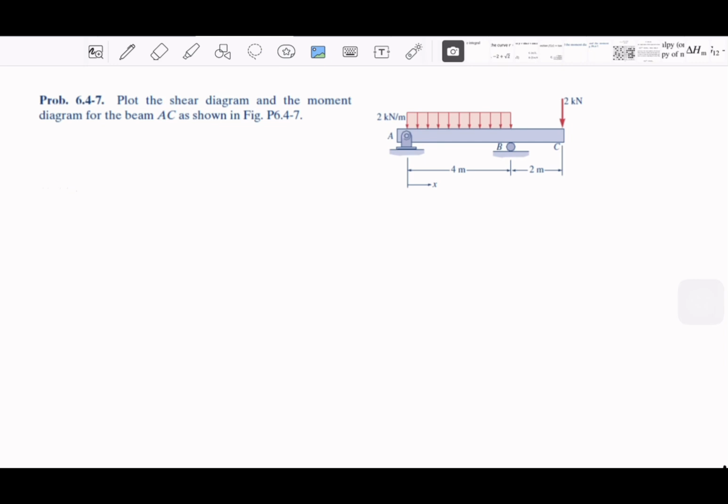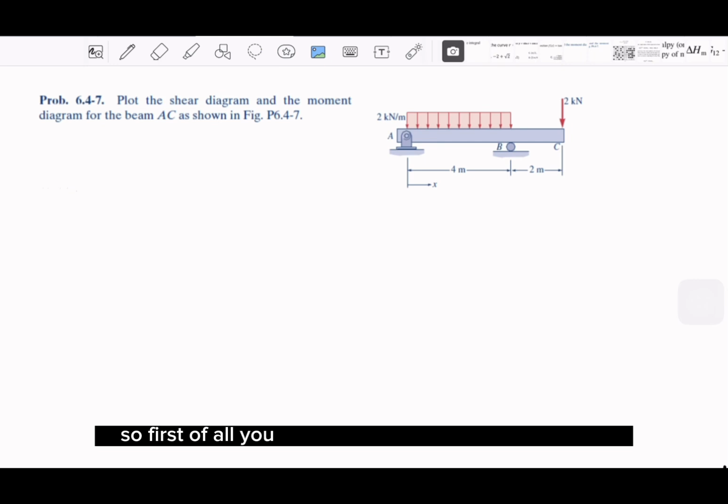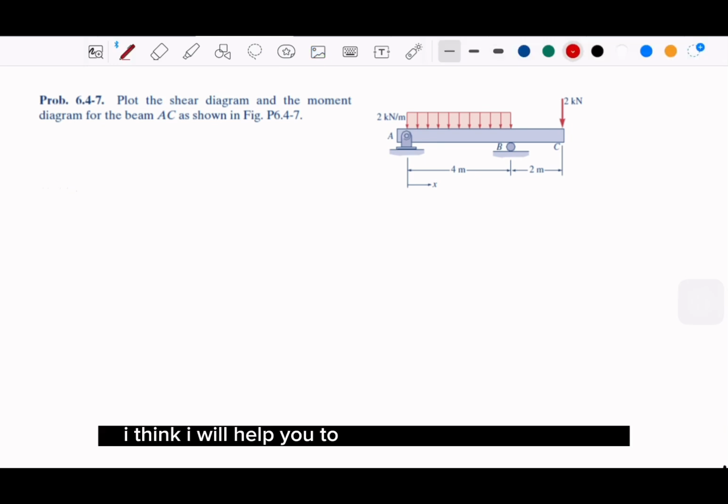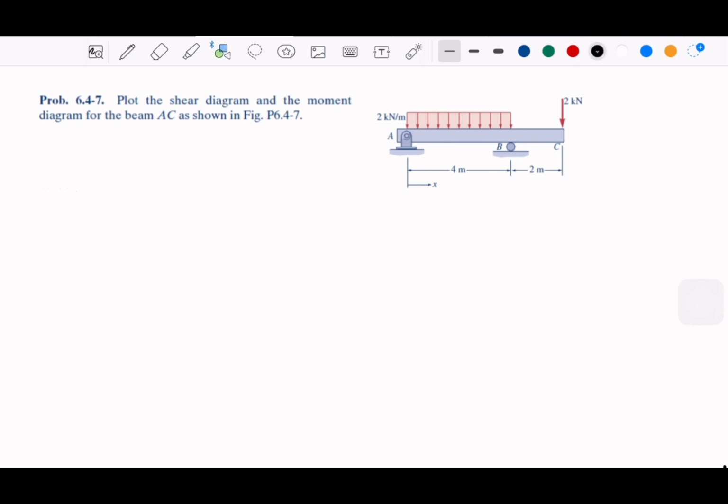Okay. So first of all, you could draw the free body diagram through this figure. I think I will help you to draw the free body diagram. Okay, this is the free body diagram.